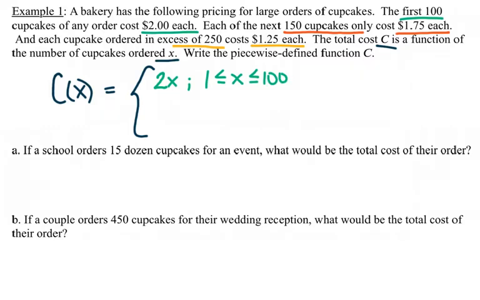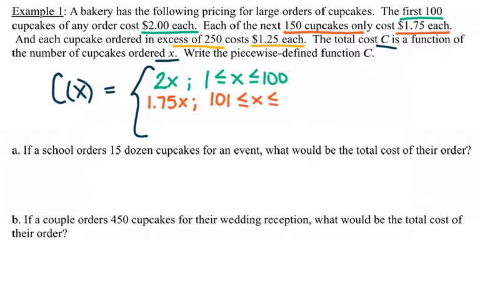Okay, the next one says if I order over 100, but for the next 150, there'll be $1.75 each. So we're going to start with 101.